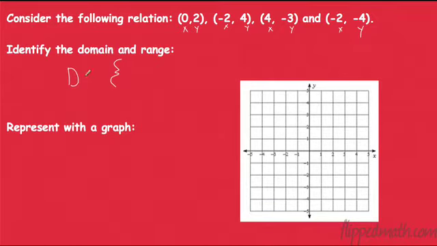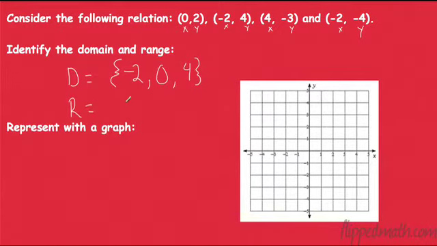So if I have domain, what are all my values of x? I like to write them in order, so it's my smallest x. -2 seems to be first. Now, I have it twice, but I'm not going to write it twice, all right? 0 would be the next one, and then last but not least, 4. So my domain would be -2, 0, and 4.